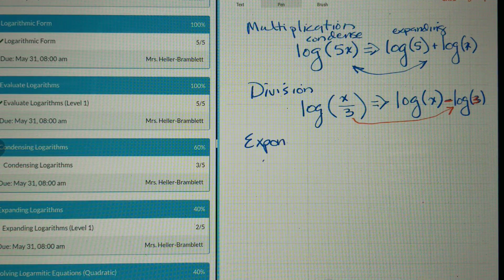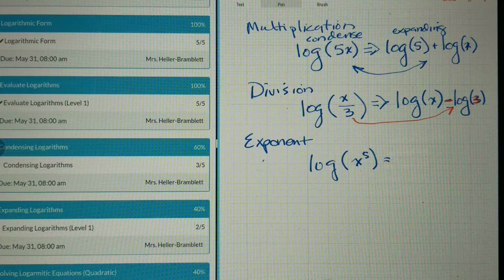And our last one is exponents. If we have 5 times the log of x, that is the same as log of x to the 5th.